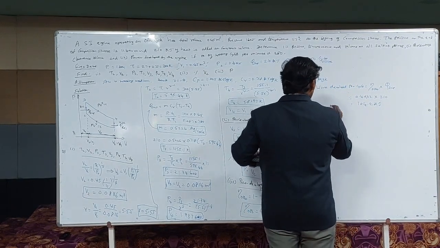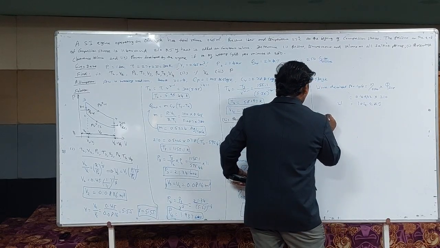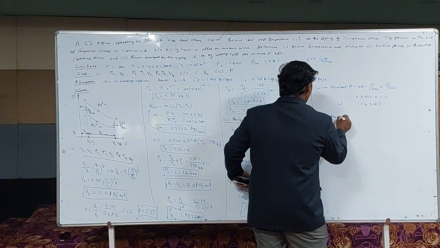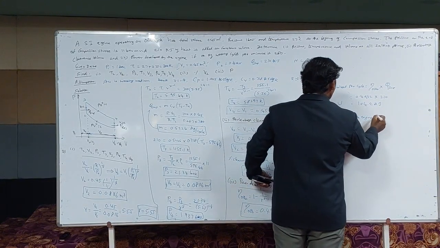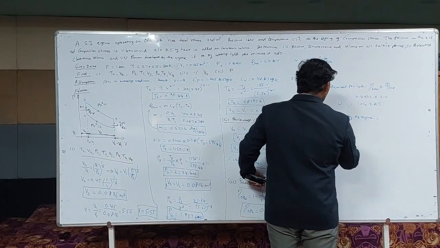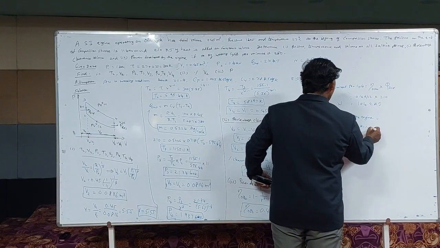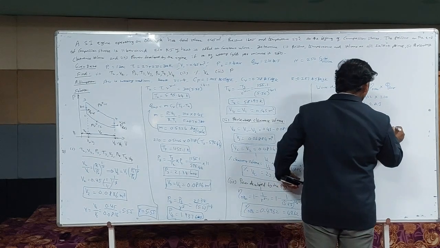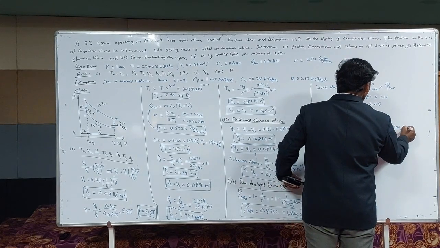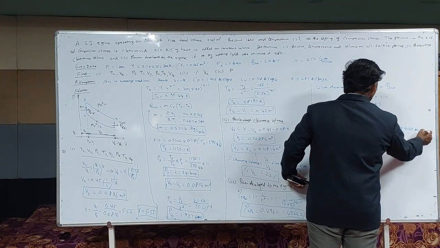Now, what is the power developed? Power developed by the engine is equal to work developed per cycle into number of working cycles per second.